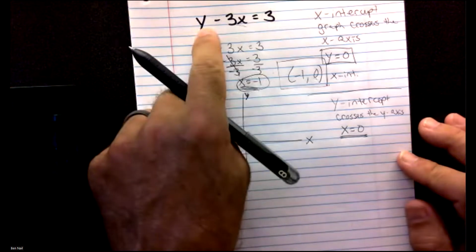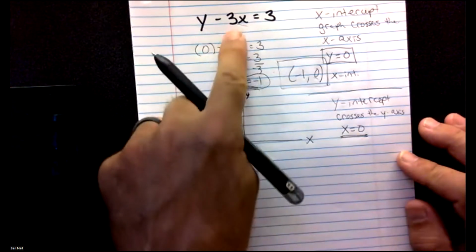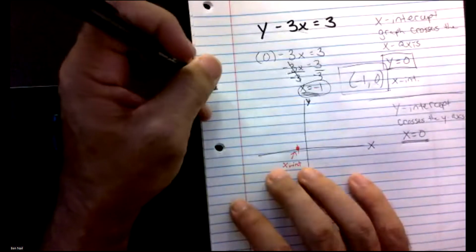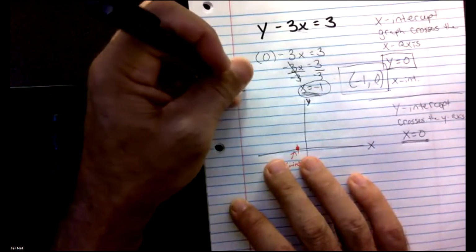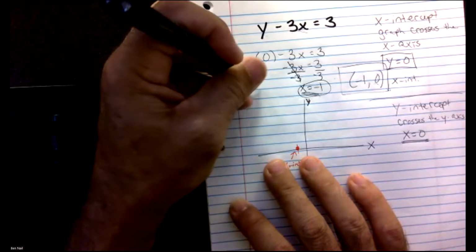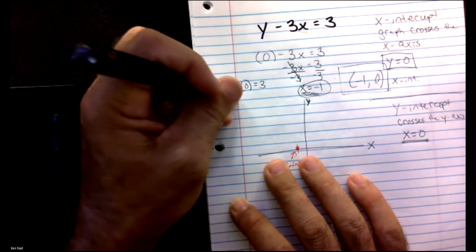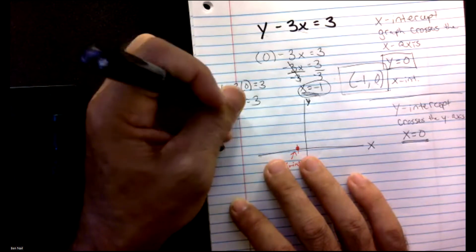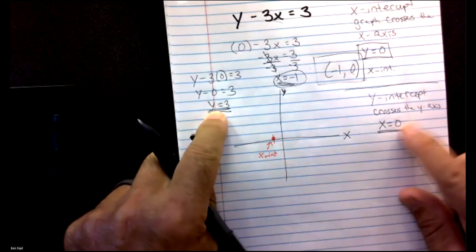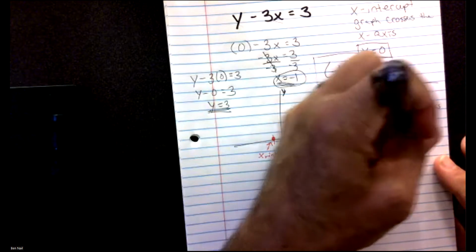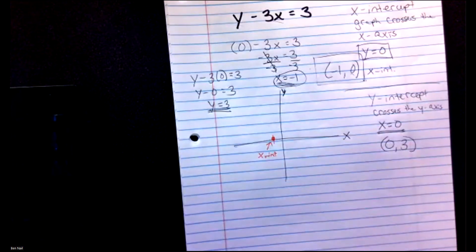So now, same equation, I'm just going to plug 0 in for x. I'll do it over here where I got a little bit of room. So y minus 3x equals 3. 3 times 0, 0. My minus 0 is just y. So then my y is 3, which again happens when x is 0. So that matches this coordinate.